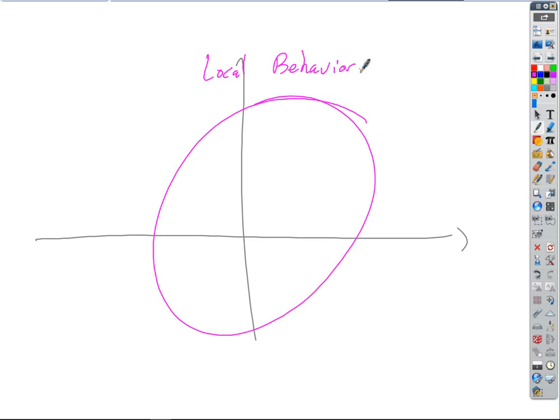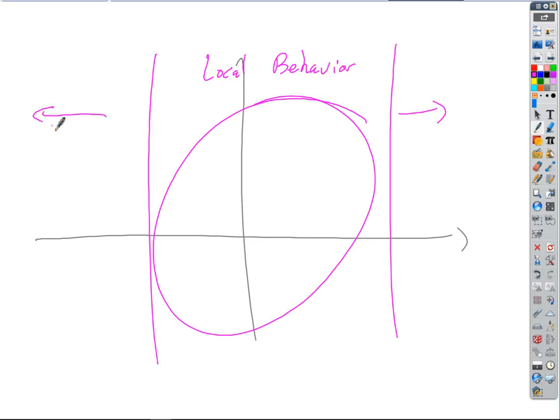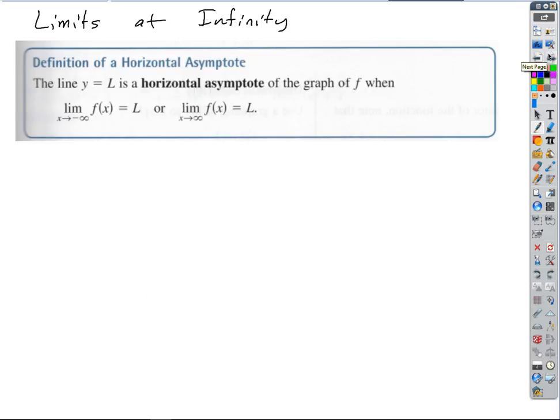The local behavior of a function might do all kinds of crazy stuff, right? But we oftentimes also want to look at the end behavior. We want to look at what's happening on the tails of the function, way out yonder, there, or there, right? And so this behavior out in this region, out that way or out that way, is the end behavior. That's important too. And that's kind of what we're getting at when we talk about limits at infinity.